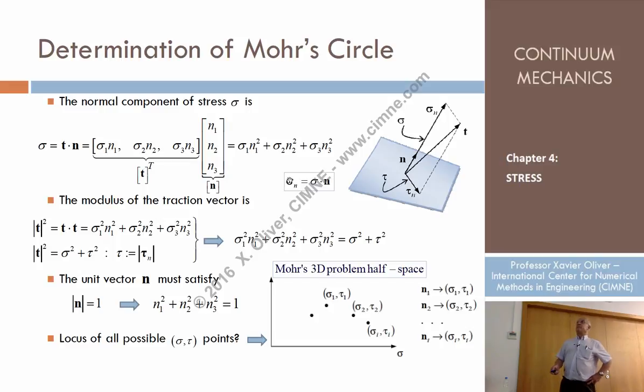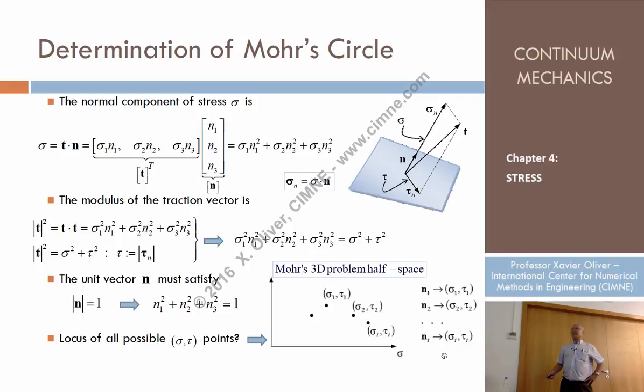So, from these equations, theoretically, I can compute sigma and I compute tau for any n. Okay? And now imagine that sigma can be positive or negative. Imagine that I construct a space in which in this axis I have sigma, and in this axis, which is hidden by the label, is tau. Okay?